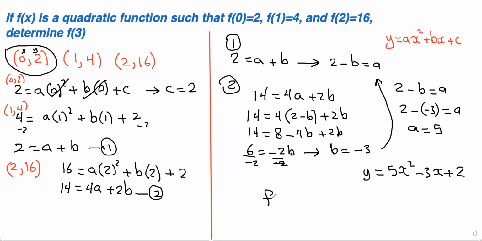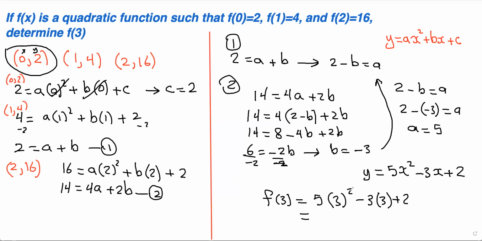Now, the last part of this question is determine f of 3. So now f of 3 means find y when x is 3. So you just sub in the 3 for the x's right here, and now you get 5 times 3 squared minus 3 times 3 plus 2.